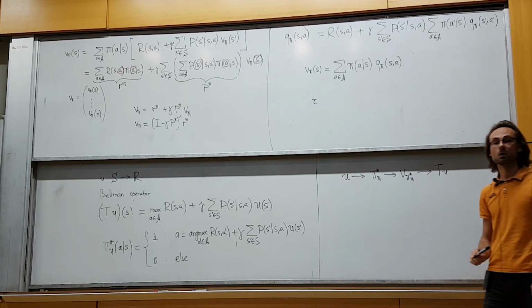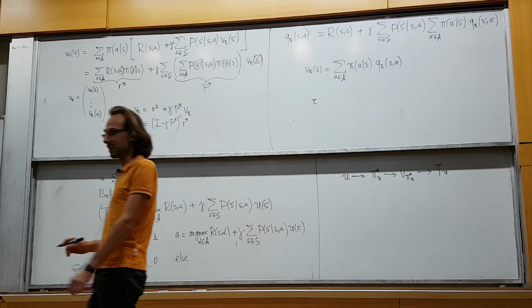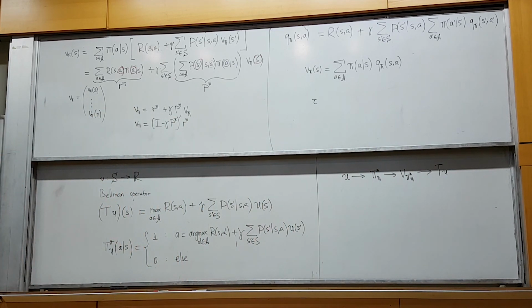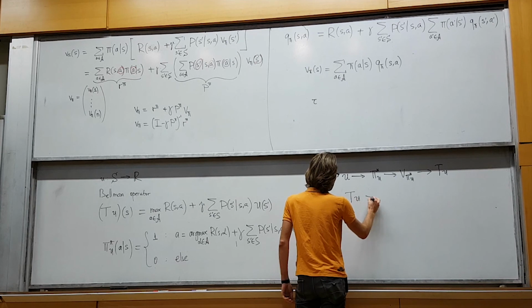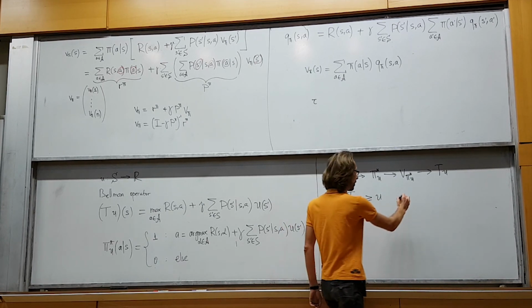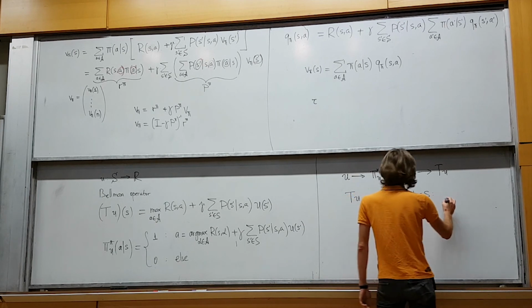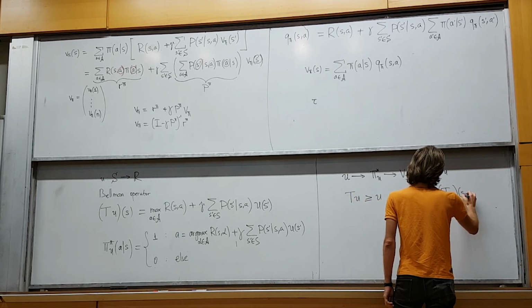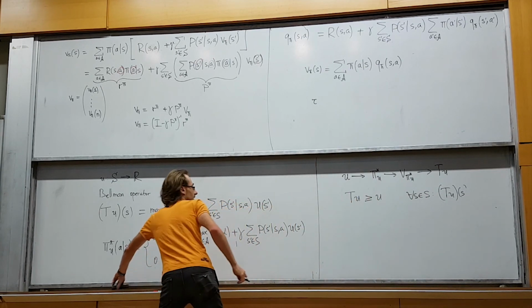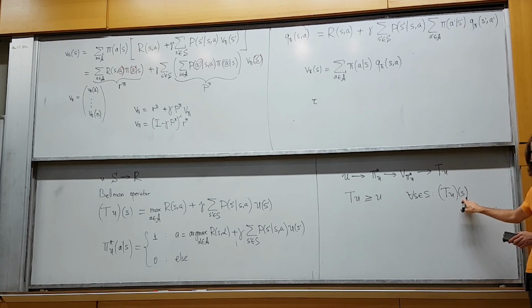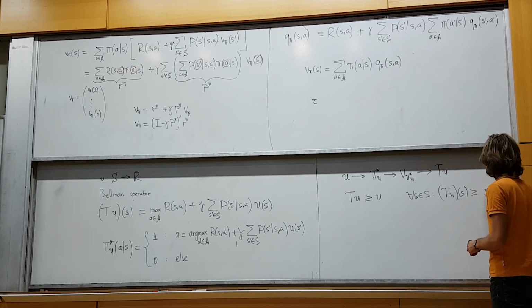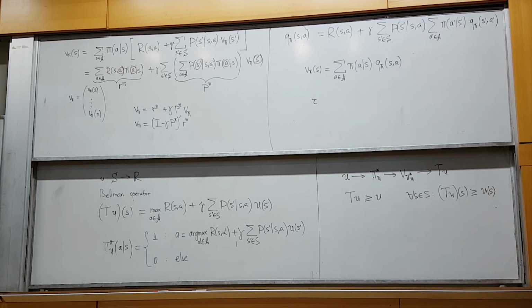So what I'm going to do next, I will start from some arbitrary value function or some arbitrary policy. But basically, this fact is quite easy to show, right? So another fact that is relatively easy to show is that Tu will be no worse than u, in the sense that for every s in the state space, Tu at state s, which is the value of Tu if we start from state s, will be non-inferior to the value of the original u at state s.